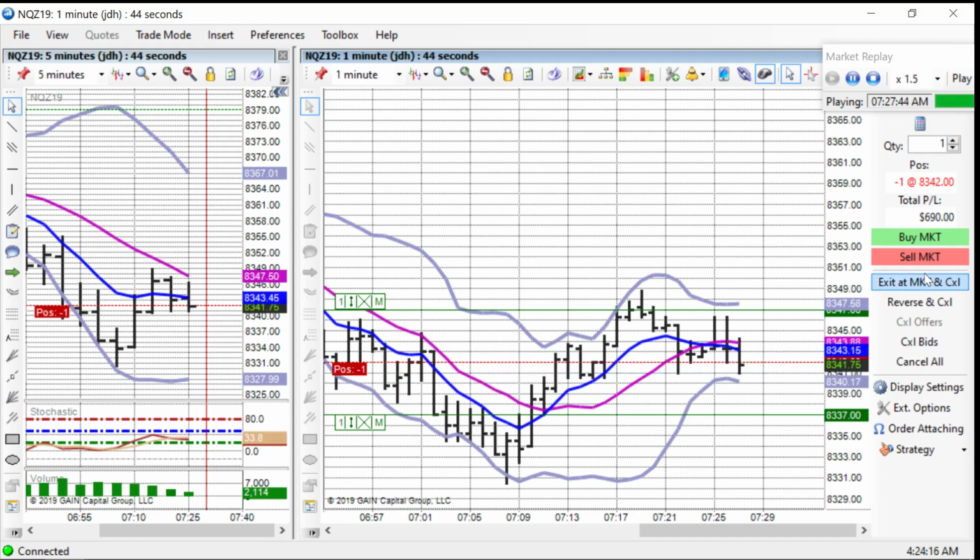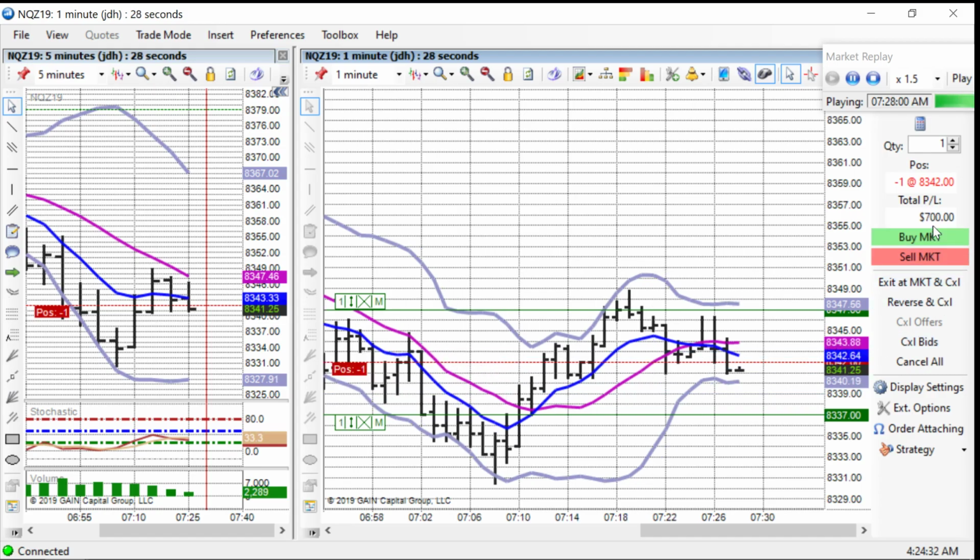So I'm going to be quick to... I don't even think I'll move my stop loss. I'm just keeping my mouse on the exit at the market button here. This is one of those things that might be a foolish trade, but see, we've got $700 right now, so you can afford to take a few of these risks.